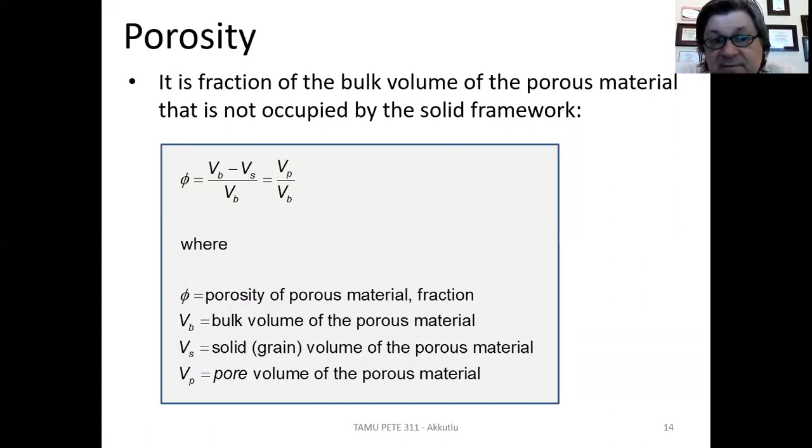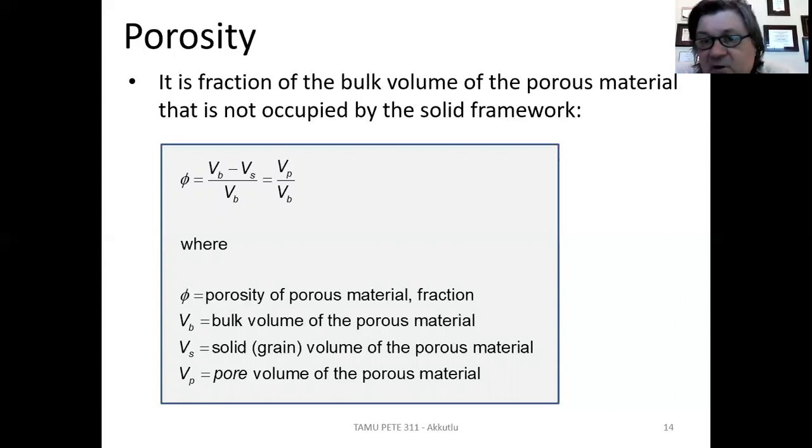So that's the definition. Basically, you come up with quantities like 0.2, 0.3. Often we report this multiplied by 100 as 20%, 30%. We say 30% porosity, meaning that if you have a bulk volume of 100, out of that 30 is pore and 70 is the skeleton, the solid.